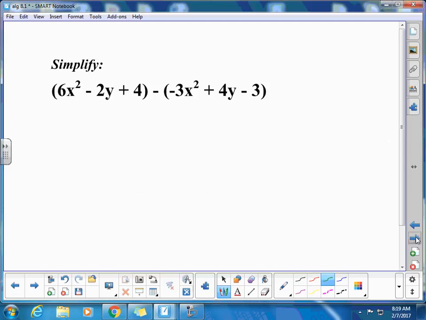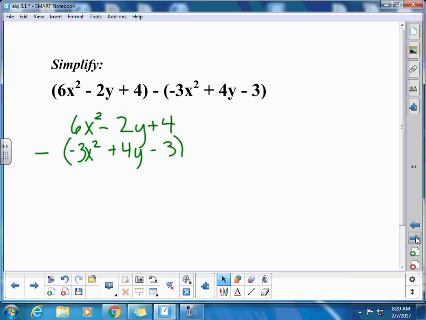All right, let's try one more. I'm just going to do this one vertically. So 6x squared minus 2y plus 4 minus negative 3x squared plus 4y minus 3. And I'm going to change it to adding the opposite.